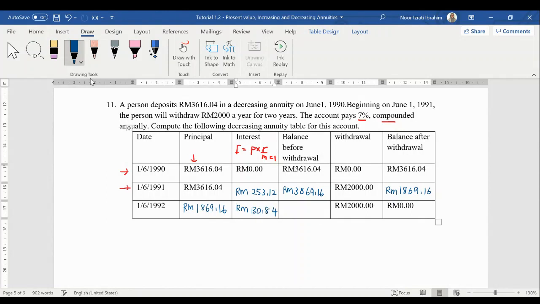Then you add the principal of 1992, about 2,000. If you round off to 2 decimals, you get 2,000, exactly.